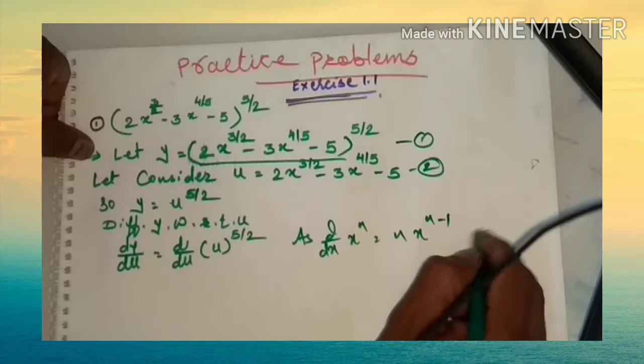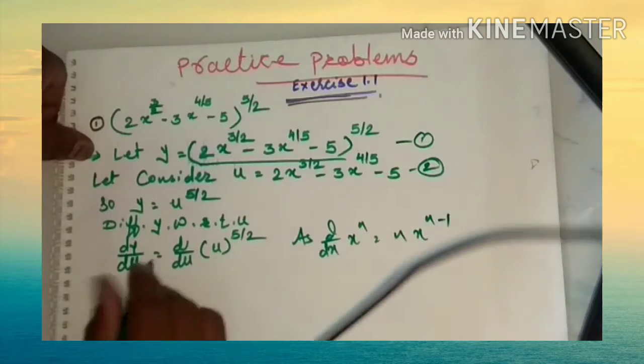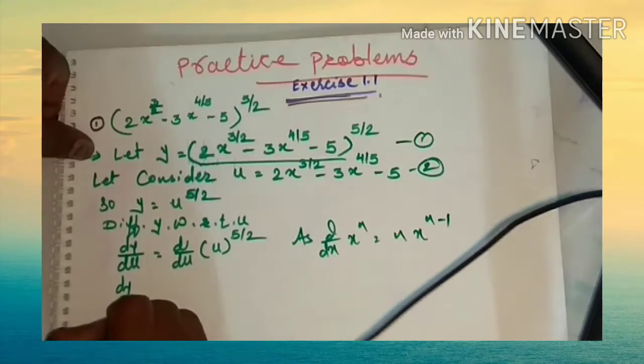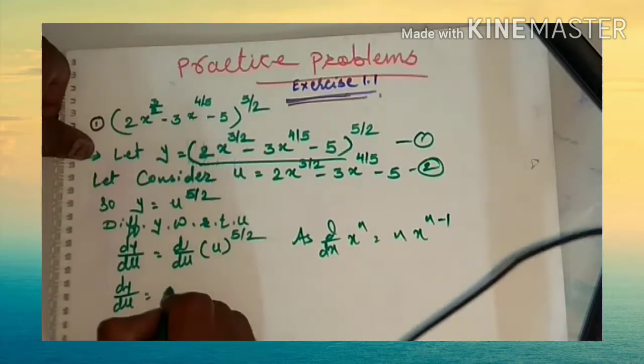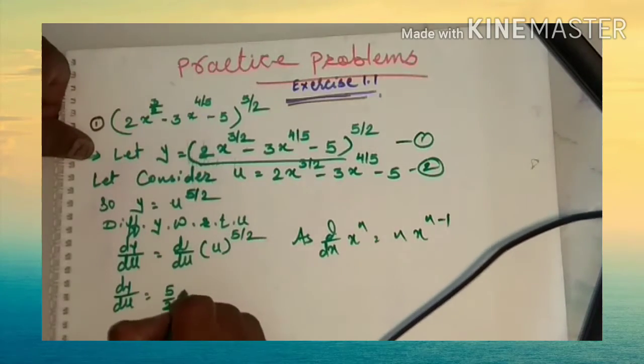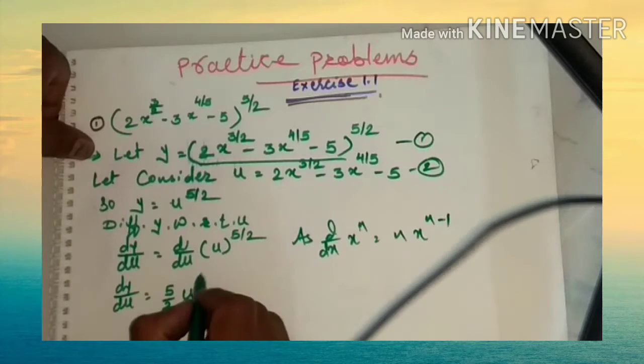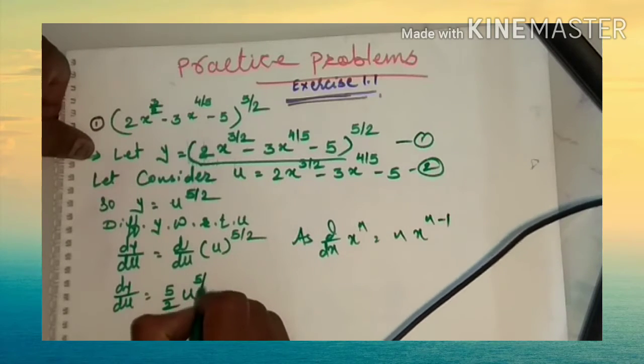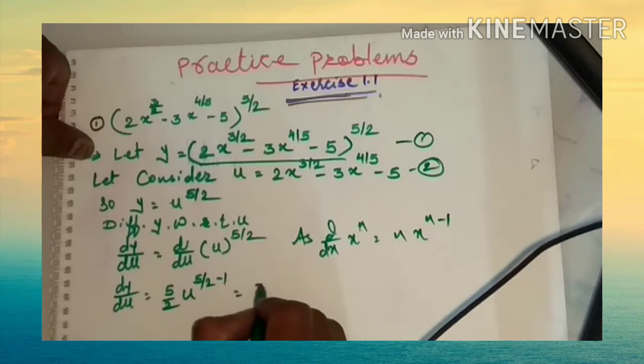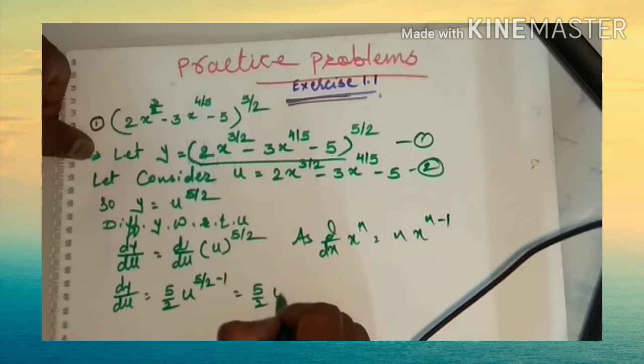With the same logic, dy by du will be 5 by 2, u will remain as it is. Here it was n, so n minus 1, so 5 by 2 minus 1, so that will turn into u.